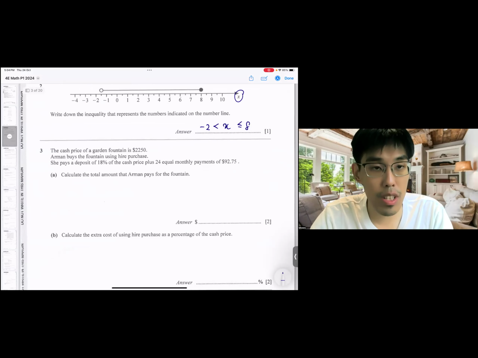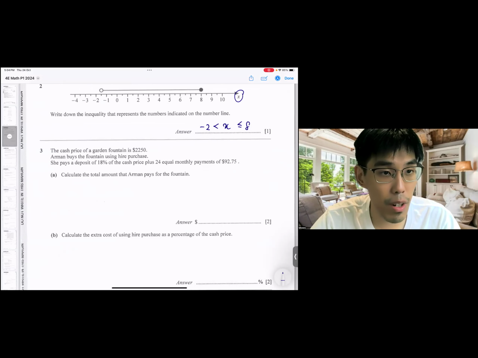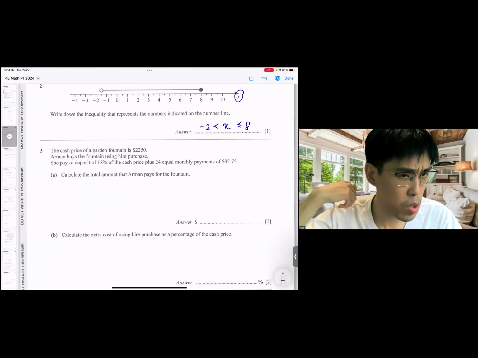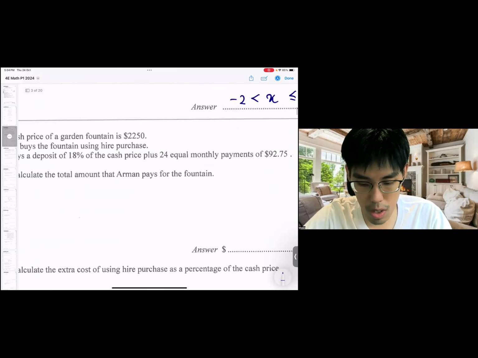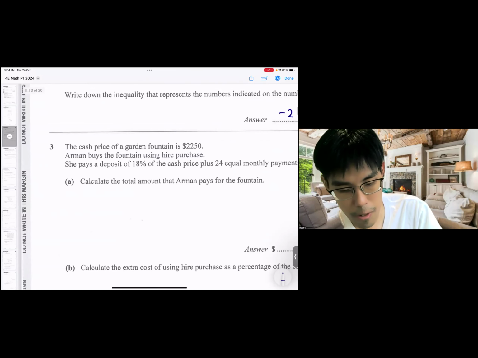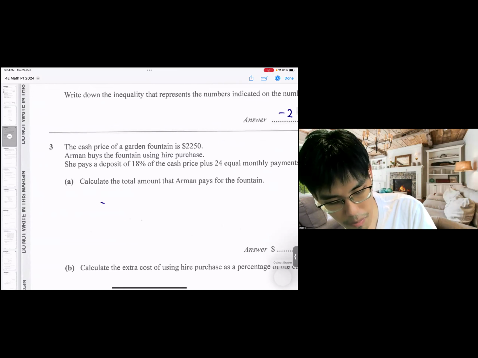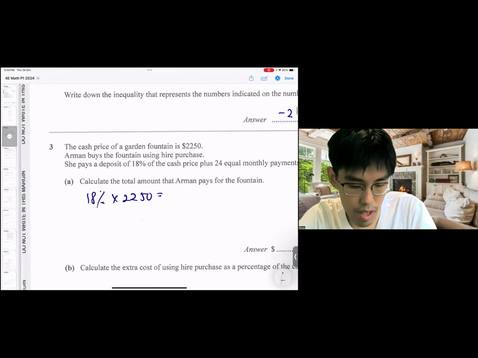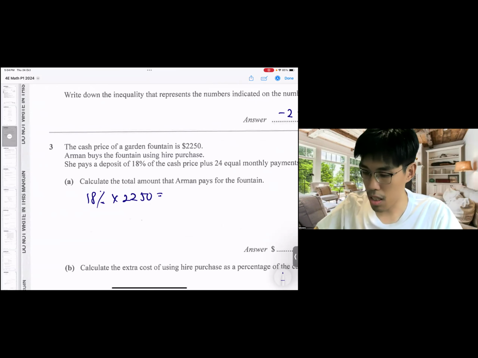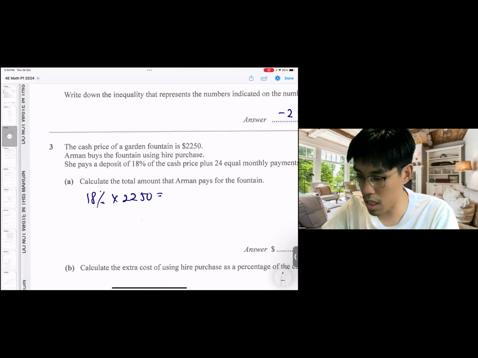Cash price of a garden fountain is 2250. Pays for the fountain using hire purchase, 18% down payment, equal payments of and so on. This one is 2 marks. 18% of 2250 is 405.